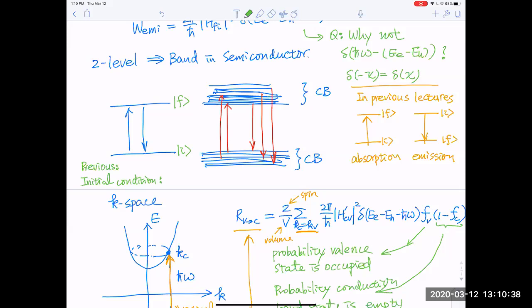So we assume the coefficient Ci at t equal to 0 is equal to 1, and the probability at t equal to 0 is equal to 0. In other words, we already assumed the equivalent of Fv equal to 1 and Fc equal to 0. That's how we derived the perturbation theory, if you recall.